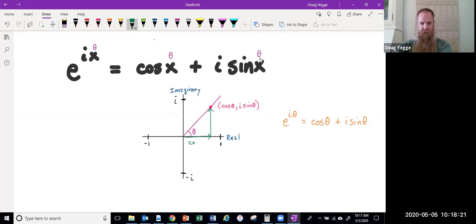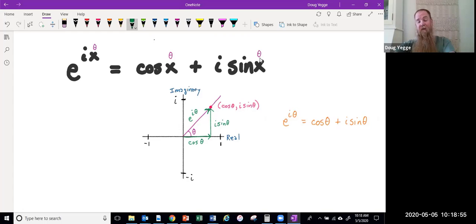All right, if this is the vector cosine theta, and that's the vector i sine theta, then that means that the resultant vector, if you've taken physics, is going to be the sum of those two. But we just learned that the sum of those two vectors is e to the i theta, which means that diagonal, or that hypotenuse, is actually e to the i theta.